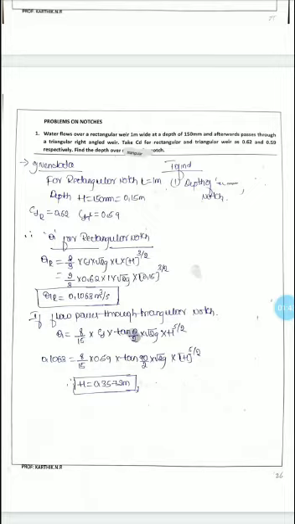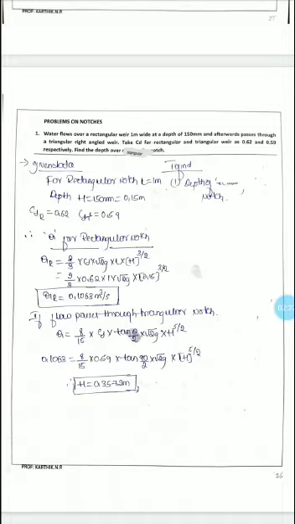From the derivation, the discharge equation for the rectangular notch, QR, is equal to 2/3 CD root 2g L H raised to 3/2. All the values are known. Substituting, 2/3 into 0.62 into root 2g into length 1 meter into 0.15 raised to 3/2, we get Q equal to 0.1063. This is the discharge for the rectangular notch.